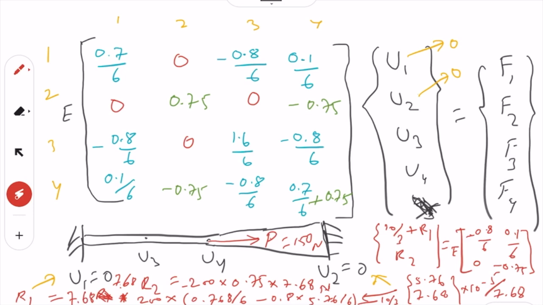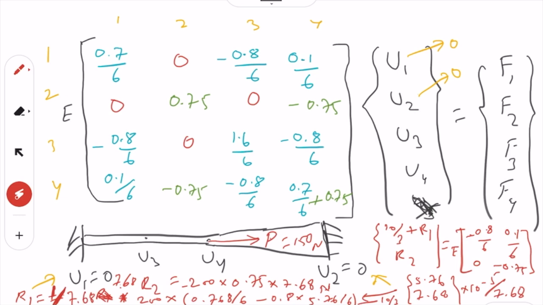For R1, I think 7.68 should be multiplied to R1, not to this one, so it should be 1 divided by 7.68 and then multiplied by these 200, all those things, and then minus 10.6.